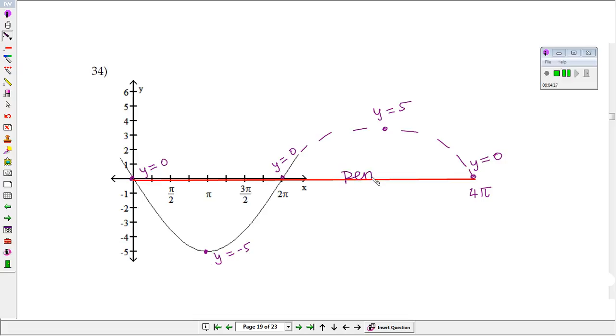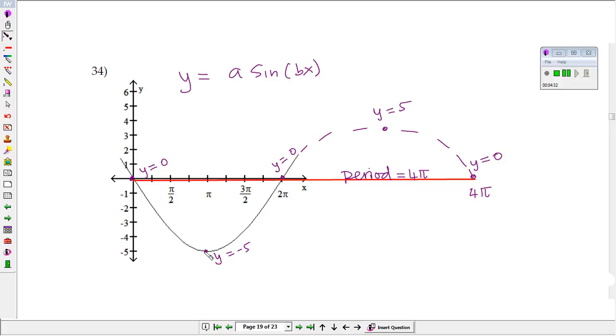So therefore the period is 4 pi. Again, since the y-intercept is 0, this is the sine graph, so y equals a sine of bx.